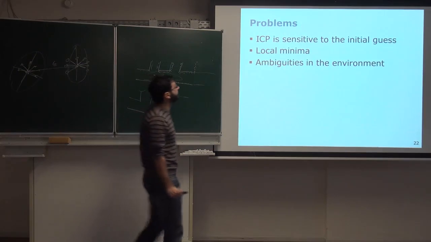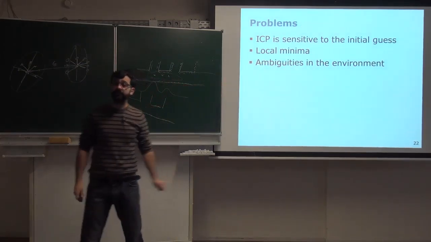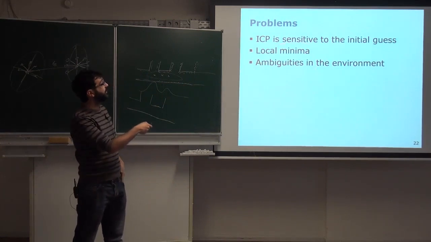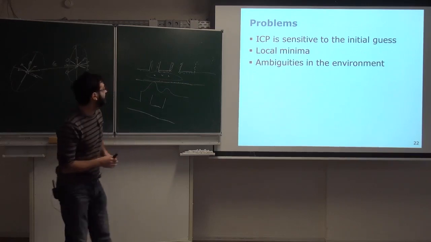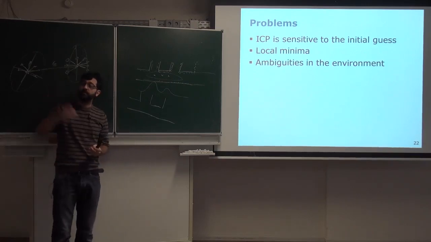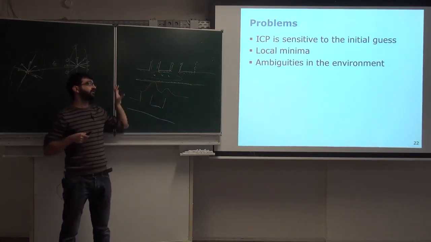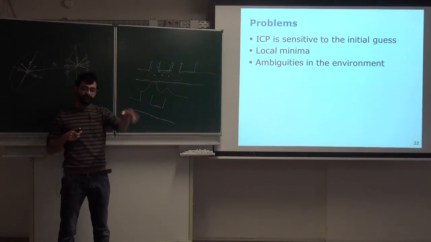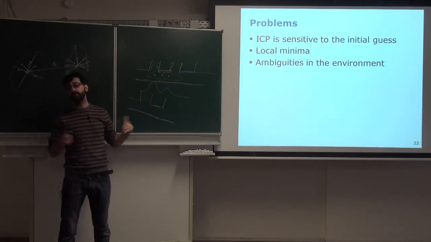There are some problems with ICP. One thing is that it's sensitive to the initial guess, and this is actually connected also with the local minima problem, because it's a local search problem, and if you have a cost function which has a lot of minima, according to where you initialize it, you will end up in one of them.